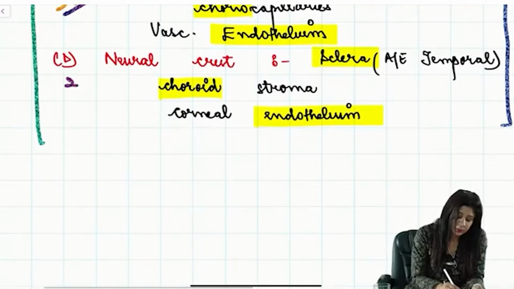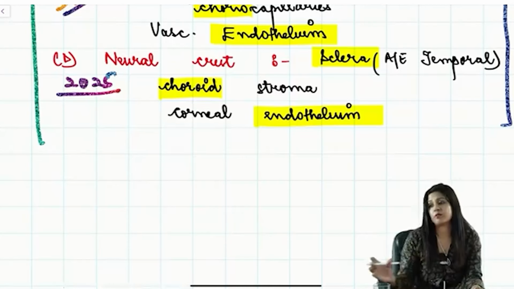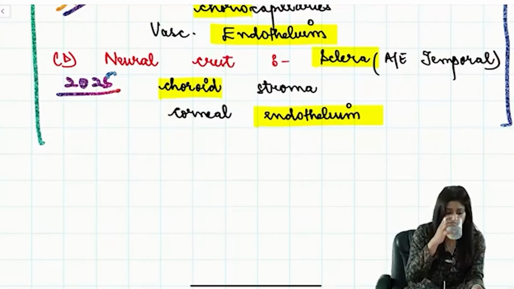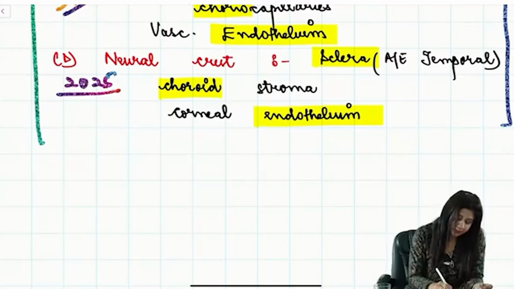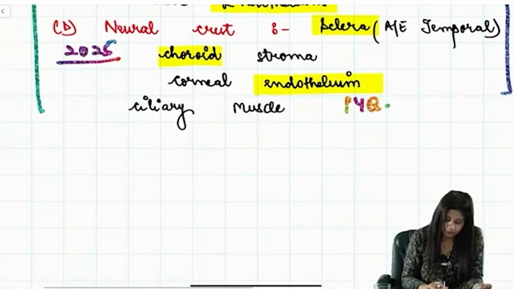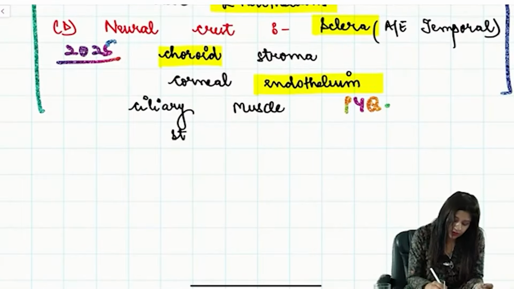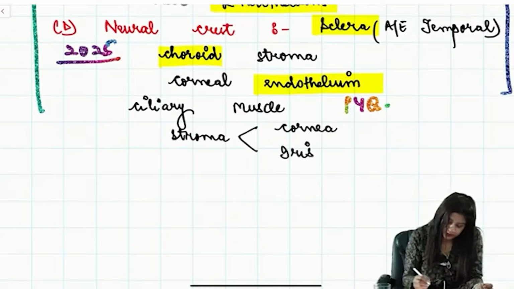And neural crest is especially important for 2025, because recently in 2024 INI-CET there was a question related to this. Like we were having the ciliary muscle as a PYQ. Then we have the stroma of cornea, stroma of the iris, as well as the ciliary body.